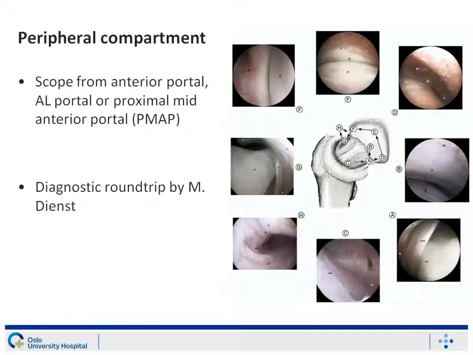And this is the systematic way of examining the peripheral compartment as popularized by Mikkel Dienst. He goes stepwise through all the several points of interest in the peripheral compartment and visualizes them one after the other.